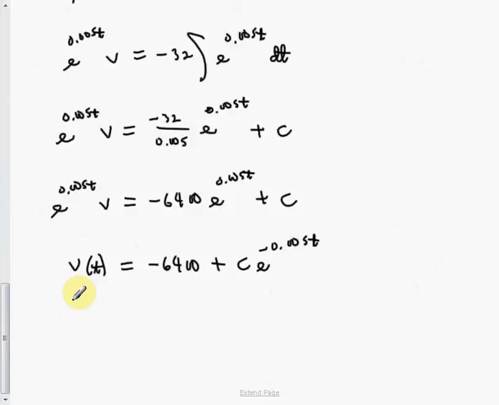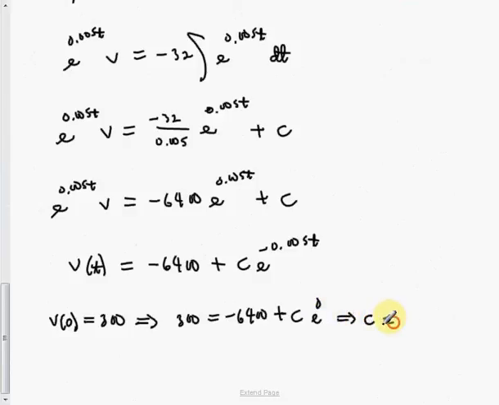And so here, v of 0 is 300. So it must be computed as such. So here I have 300 is equal to negative 6,400 plus c times e to the 0. So here I get c is 6,700.